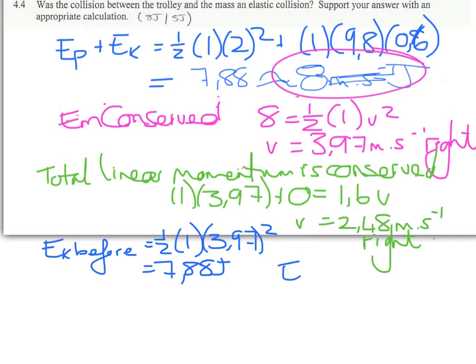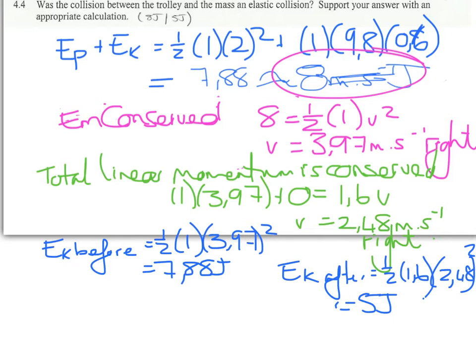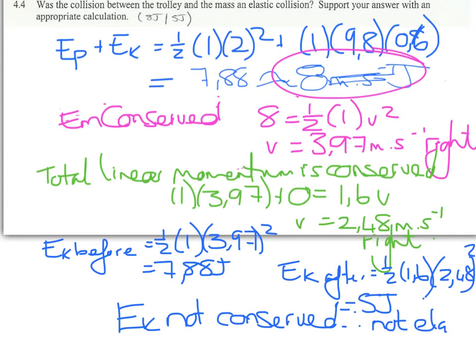The EK afterwards is equal to a half. The mass is slightly more, 1,6, and the velocity is 2,48, and don't forget to square it, and I land up with approximately 5 joules. Therefore, EK not conserved, therefore not elastic.